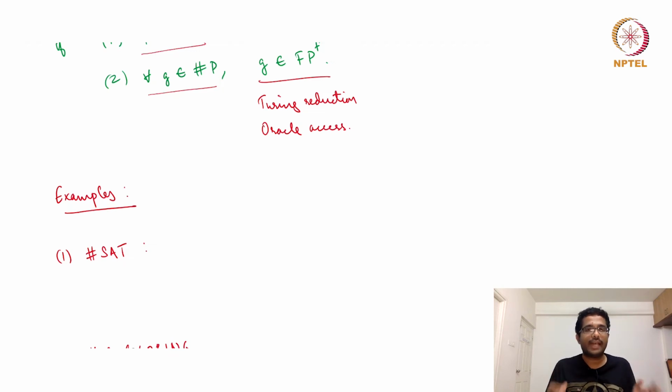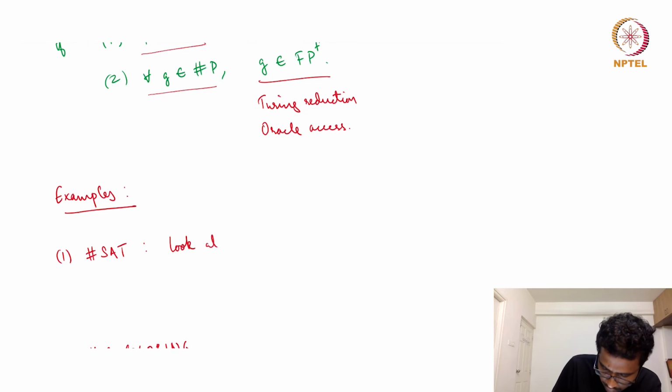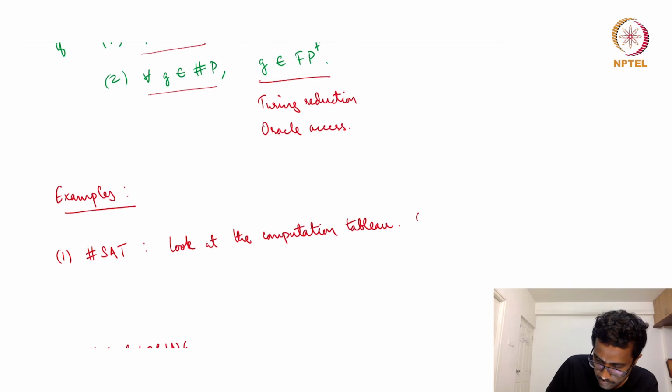Why is SAT NP-complete? Because you can look at the computation table, or computation tableau. Phi is satisfiable.